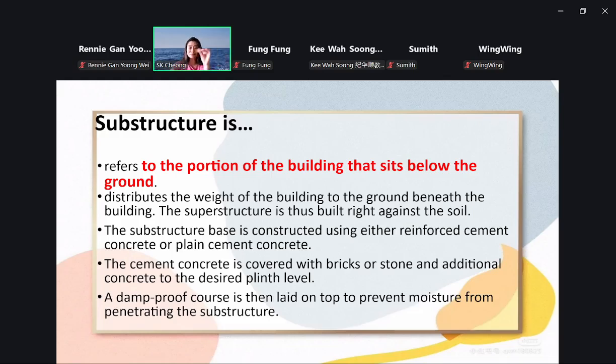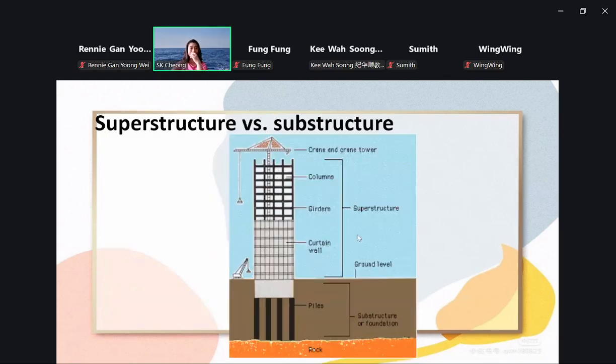Substructure is the portion that is below ground. Some of the questions, I will state it very clearly when I say sketch or draw a sketch or diagram. So you need to answer with sketches.